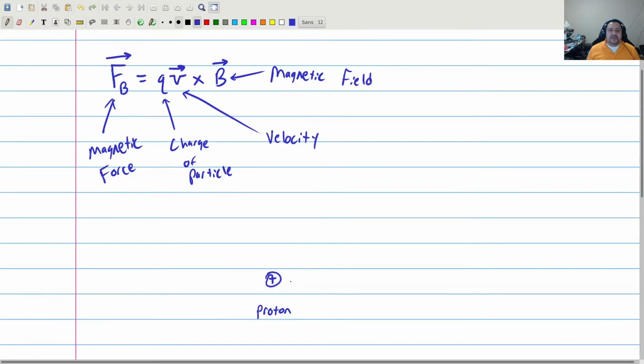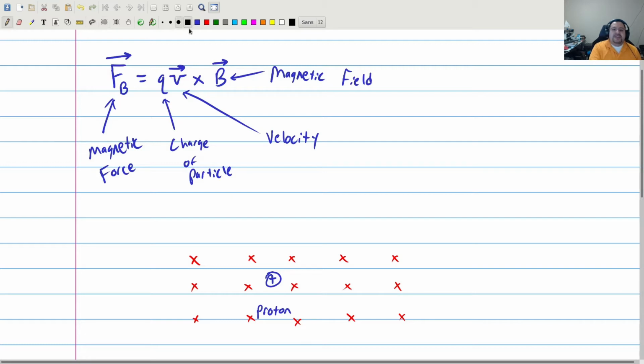We'll put this in a magnetic field, and let's direct the magnetic field into the page. So this entire area has a magnetic field that is directed into the page, like so. It's a uniform magnetic field, so it's the same strength everywhere. Pretend I drew those X's in a nice regular pattern to show that it's the same everywhere. Okay, something like that.